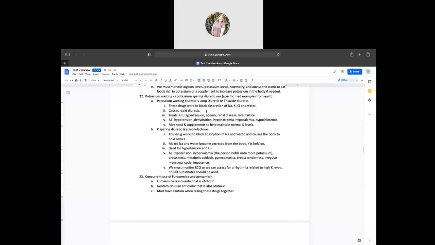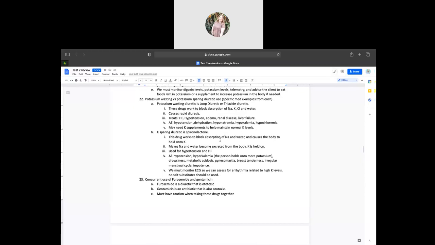We may need to have potassium supplements to help maintain those normal potassium levels because we're getting rid of potassium in the body. So because of that, we can have low potassium, meaning we can have EKG changes. So we may need to prescribe a potassium supplement to increase those K levels and advise the patient that they need to increase their potassium-rich foods.